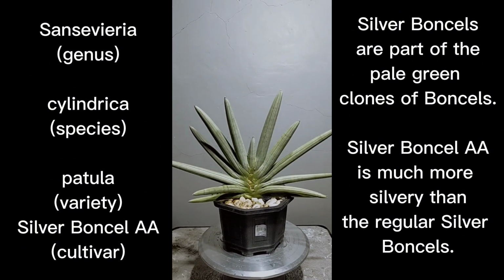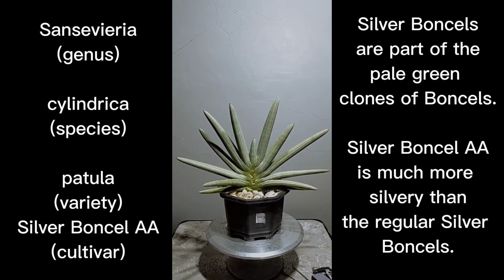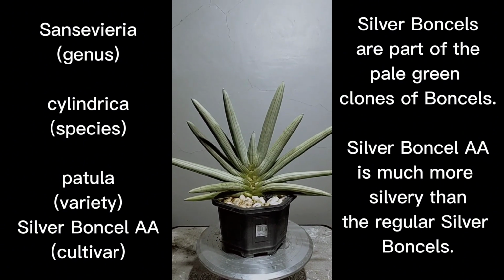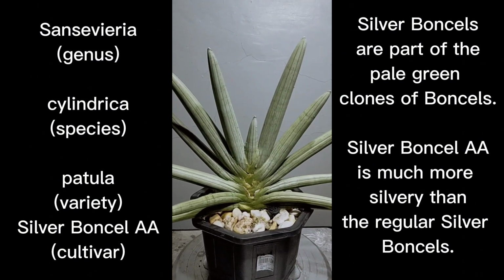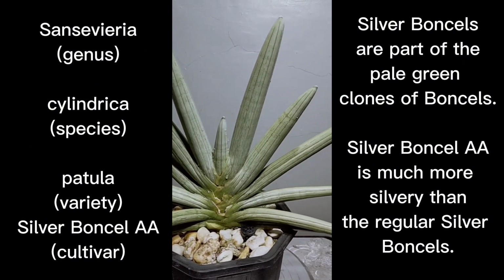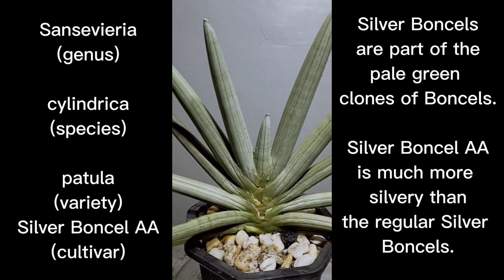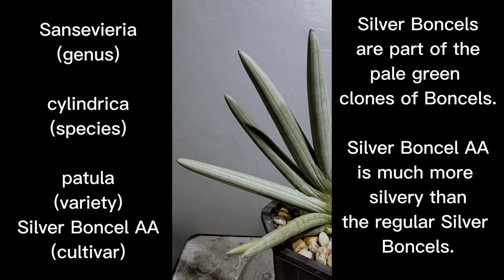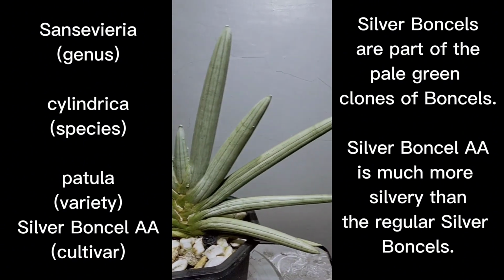And actually I have researched as to where this mutation came from. So this is a stable mutation, so I guess we can call it another cultivar of a cylindrica species. So again, this cultivar was named Silver AA Boncel, or Boncel Silver AA.